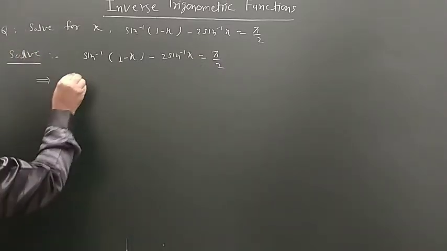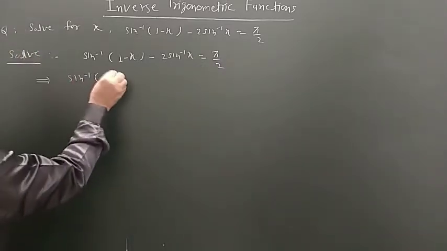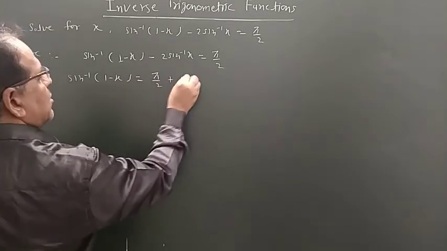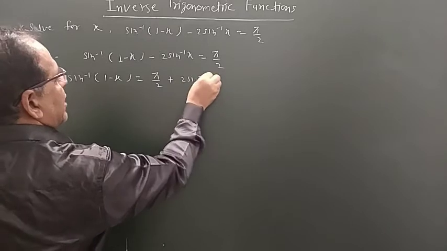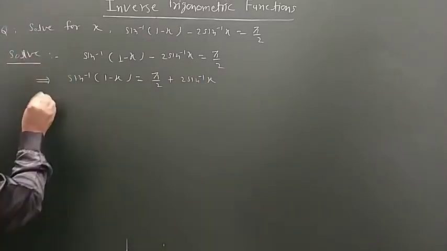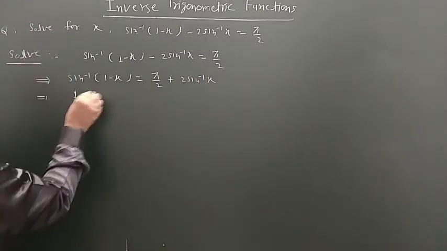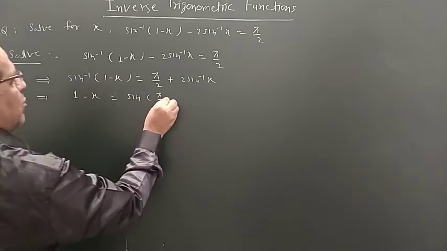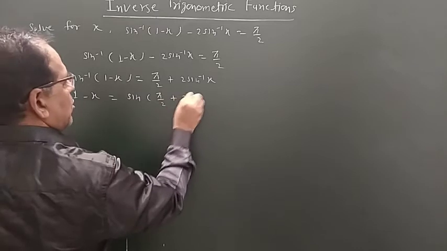This can be written as sin inverse (1 minus x) equal to pi by 2 plus 2 sin inverse x.